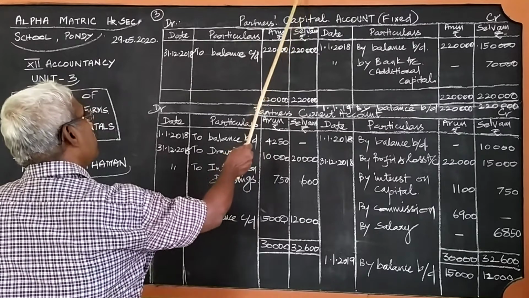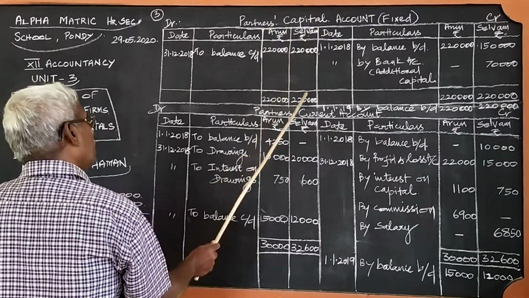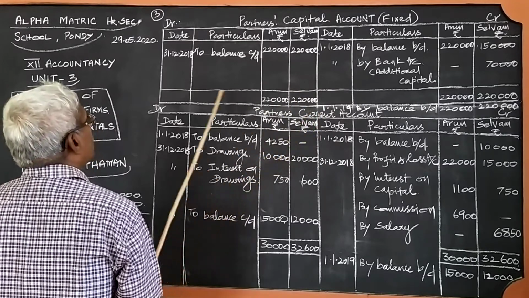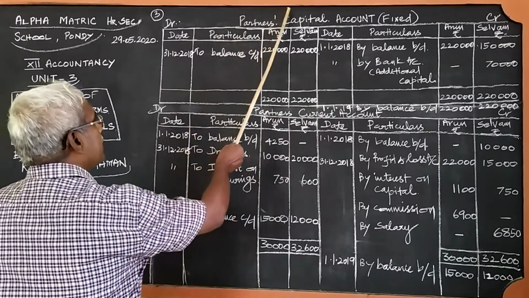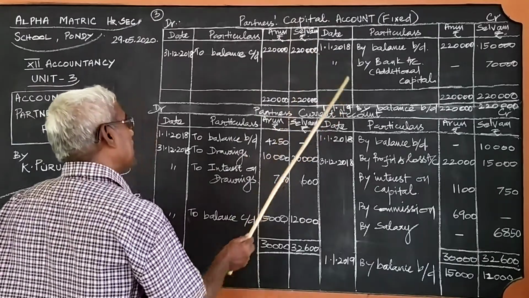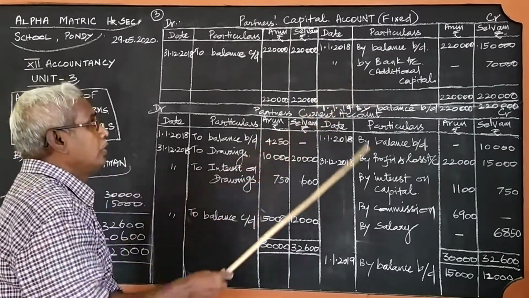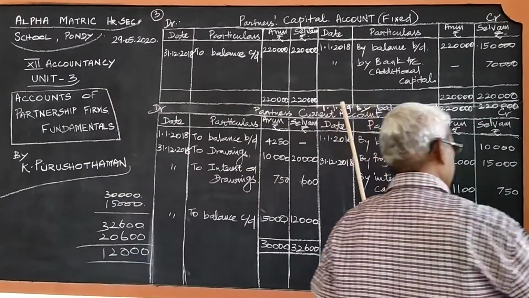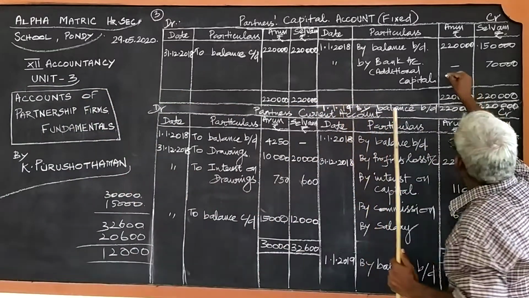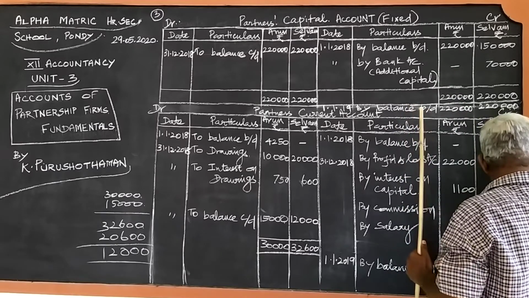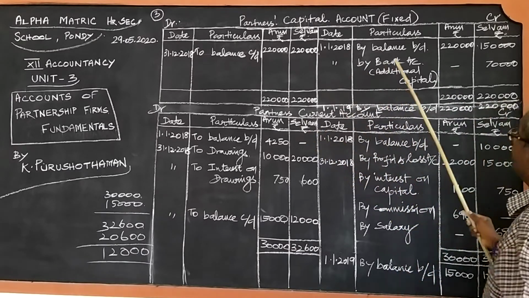Once you are asked to prepare the fixed capital account, you must prepare the current account also. In the fixed capital account, the capital in the beginning and additional capital introduced, only these two items will appear, and other items will appear in the current account only. You should bear that in mind.